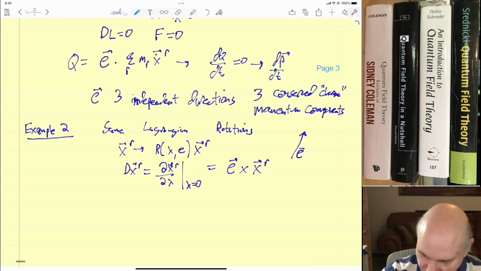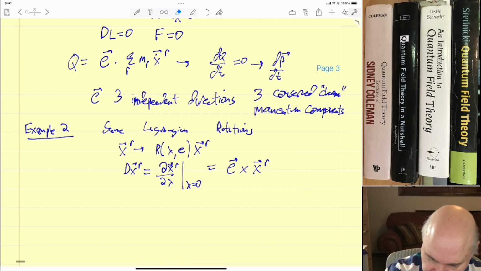So let's do it in the plane. Let's imagine e comes out of the plane. So this is x, y. e comes out of the plane, and if we go from x over here to x over here, we just have to take our vector out of the plane, cross the position, and that gives the infinitesimal rotation.